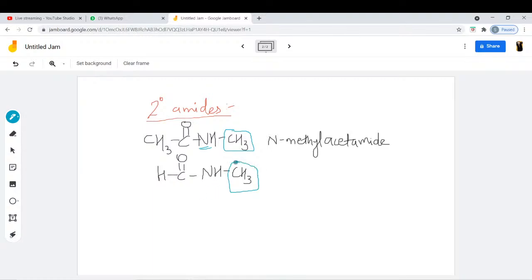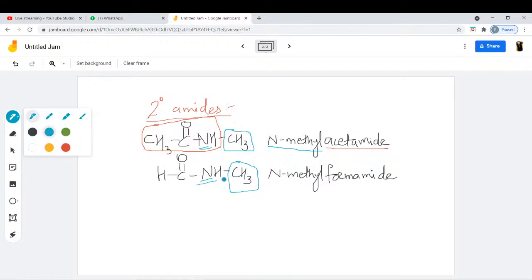To this nitrogen the methyl group is attached, so N-methyl, and the remaining name is formamide, because here there is only one carbon, not two as in the above example, where one and two carbons make it acetamide. So it is N-methyl formamide.